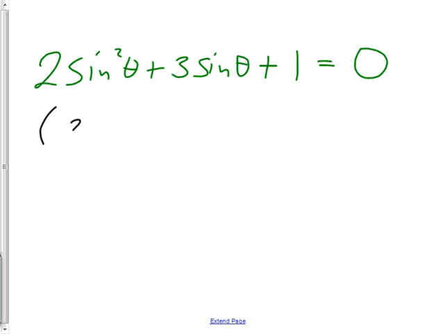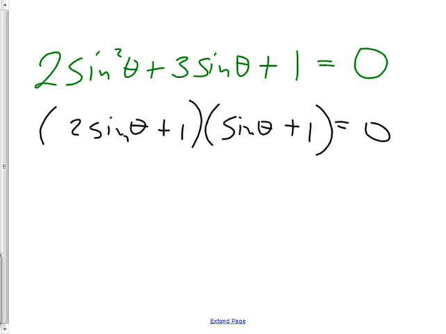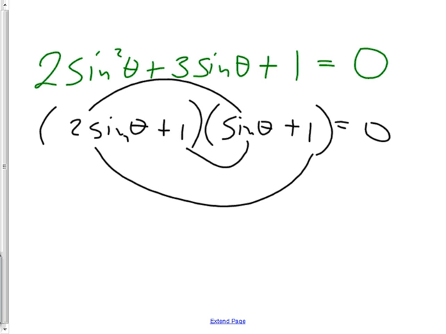This one factors to 2 sine theta plus 1 and sine theta plus 1. First, outside, inside, last, is what I'm checking. That's 2 sine squared. Outside is 2 sine theta, another 1 inside, so it makes a total of 3 sine theta. And the last is 1.